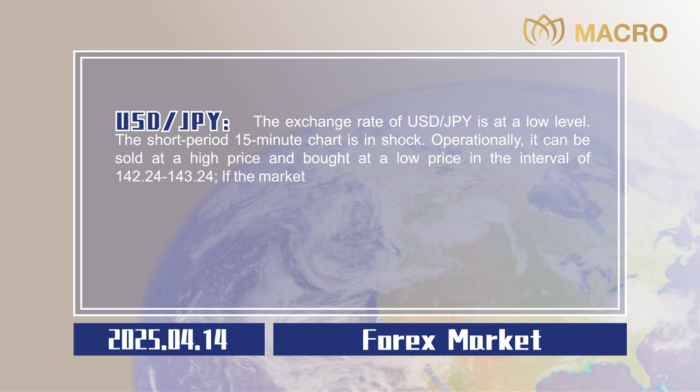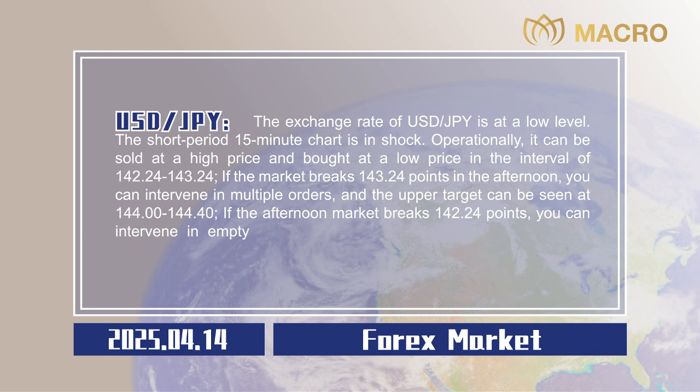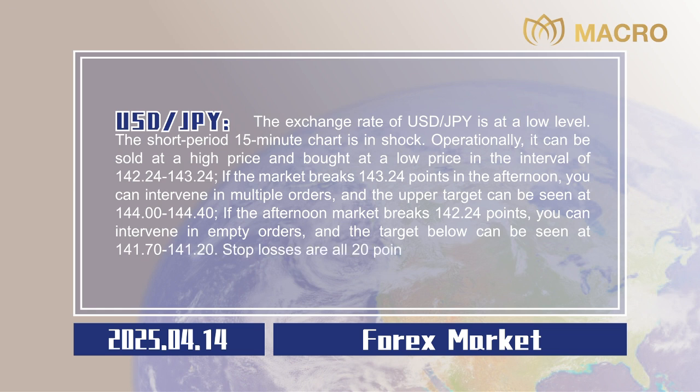If the market breaks 143.24 points in the afternoon, you can intervene in long orders, and the upper target can be seen at 144.00 to 144.40. If the afternoon market breaks 142.24 points, you can intervene in short orders, and the target below can be seen at 141.70 to 141.20. Stop losses are all 20 points, 0.20.